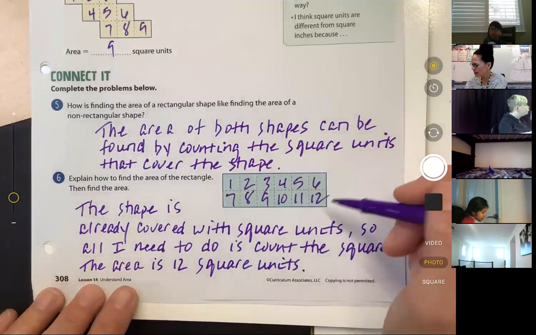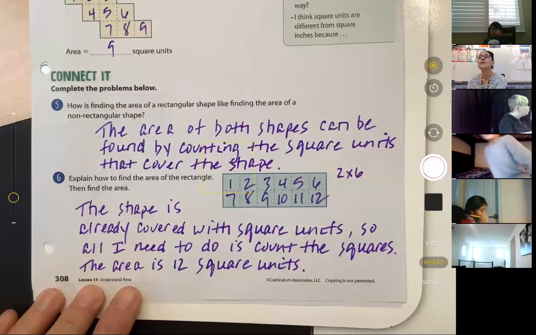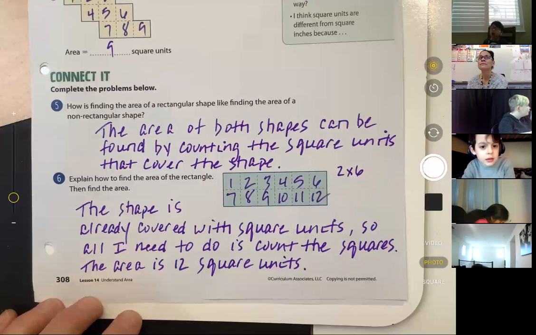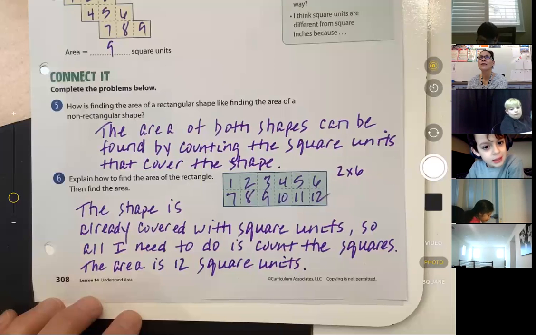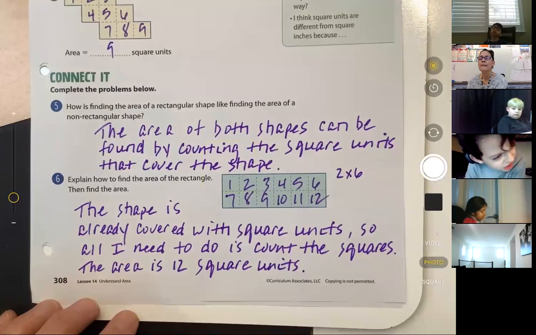Could you, in your brain, do a multiplication expression and say you have 2 groups of 6? Yes, you could. Okay? Again, friends, we are looking at area of rectangular and non-rectangular shapes. Okay?